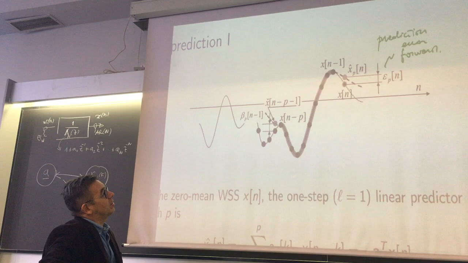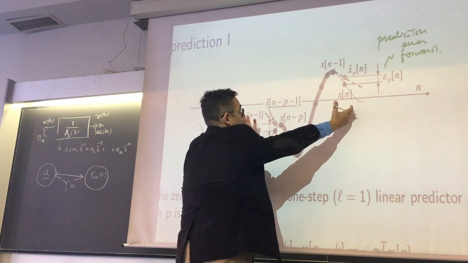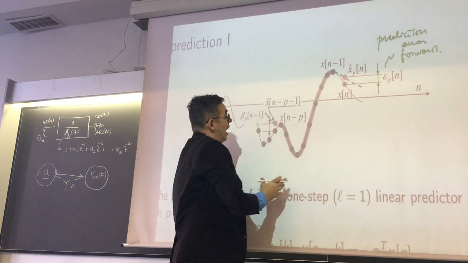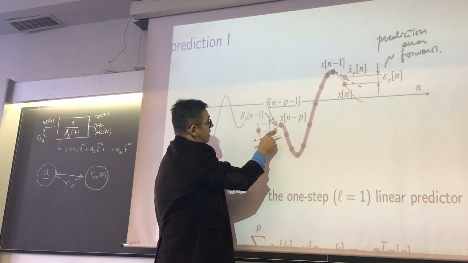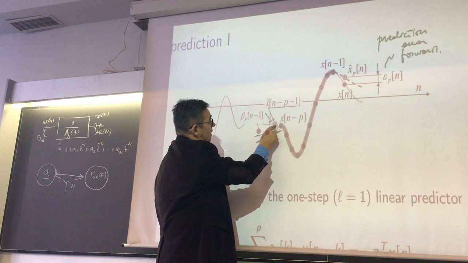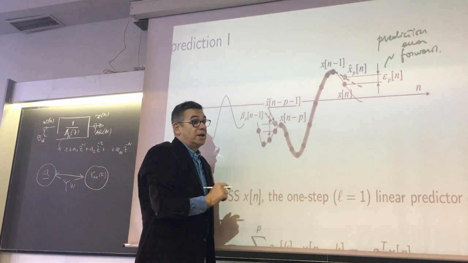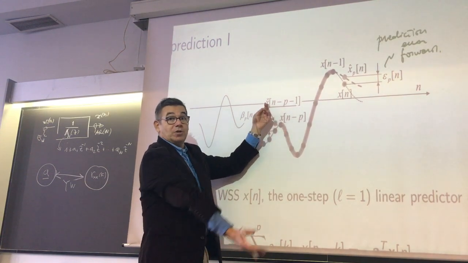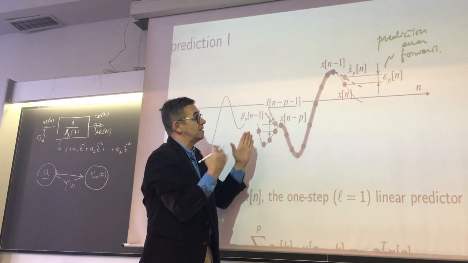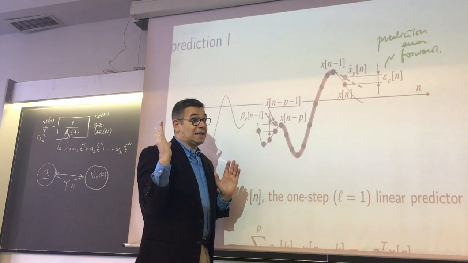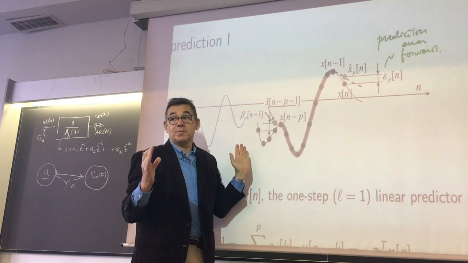So I can take my filter coefficients, flip them, apply them on the same data after flipping, and predict on the past the sample x n minus p minus 1. This prediction is carried out on the backward side because I'm predicting the past. Since the process is stationary, statistically the properties of the forward prediction and the backward prediction are the same.